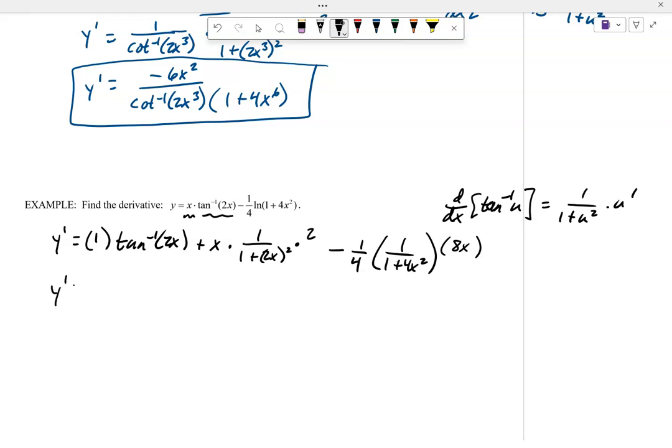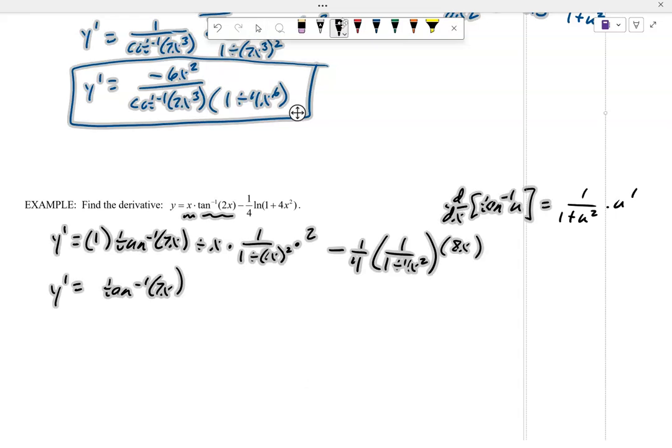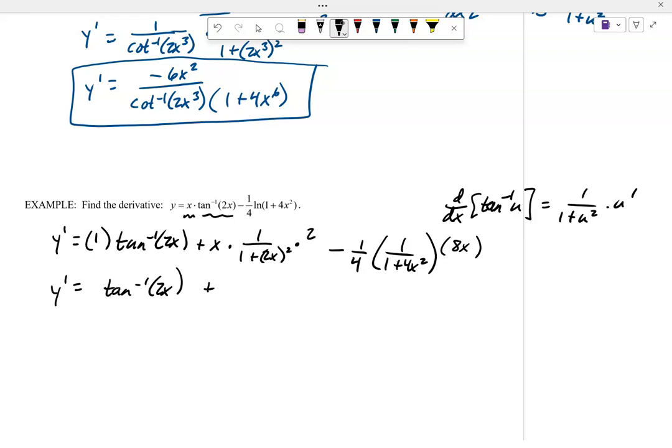And so let's go ahead and clean this up. We've got the arc tangent of 2x, plus 2x over 1 plus 4x squared, minus 8x over 4 times 1 plus 4x squared.